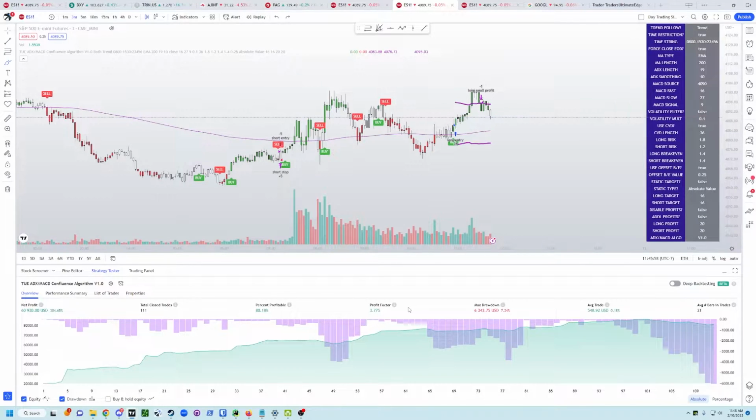For an algorithm to be profitable, it has to have a profit factor of over 1.0. The profit factor is probably the biggest thing that I'm going to look at when I'm making an algorithm, when I'm changing settings around, when I'm trying to figure out what I like. The profit factor is probably the biggest part of that, for me anyway.